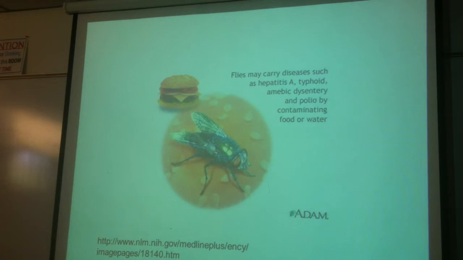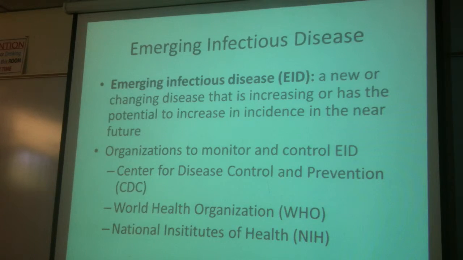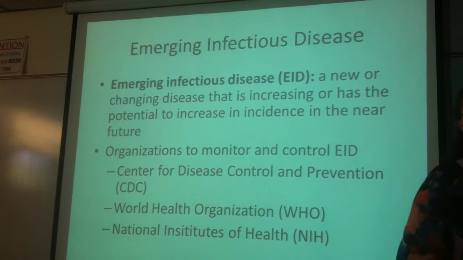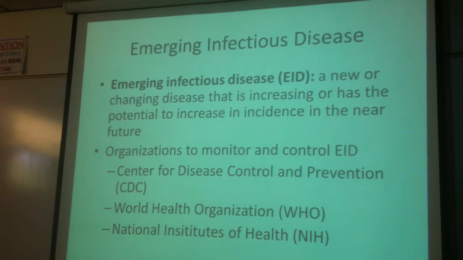So, flies carry a bunch of diseases. EID, emerging infectious diseases. They're looking for changes in disease. What is the rate of increase? Are we having increases in incidence? Is something becoming more virulent?